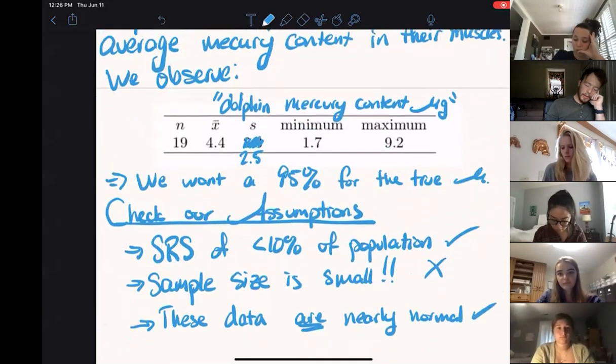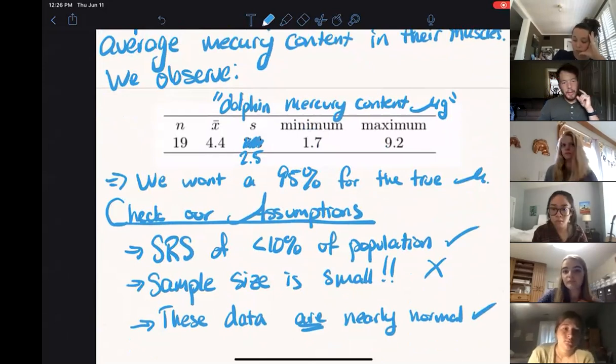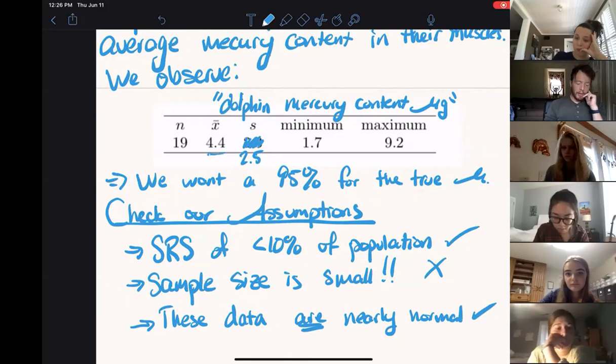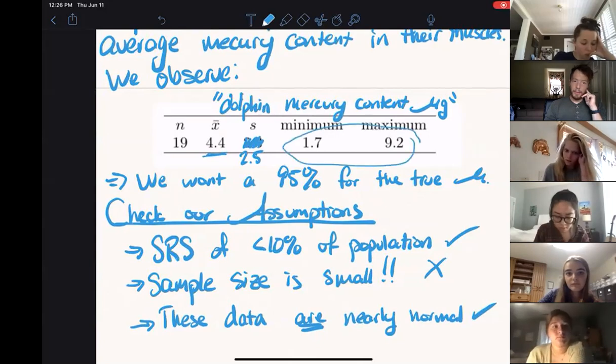It's hard to tell that just from this table right here. And in fact, at the end of this lecture, I'm going to give you a tool to test normality a little better than what I'm doing right here. But let's just say I did look at this data and it is nearly normal. It also looks normal just because our average looks to be in the center of the max and the min. And none of these are outliers.